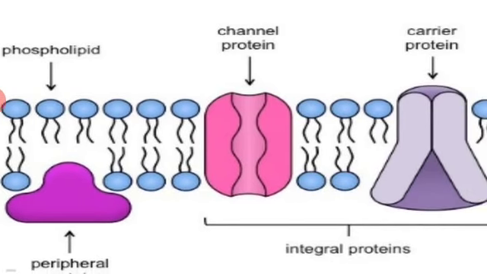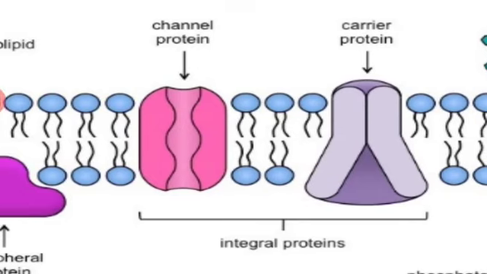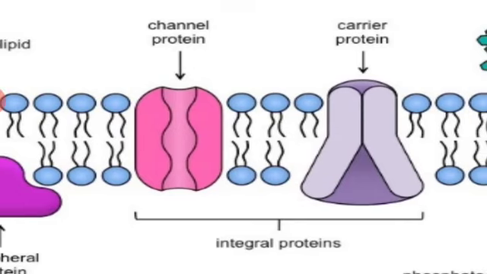If we move on, we see two other types of proteins, the channel protein and the carrier protein. These two span the plasma membrane. They move from one side of the plasma membrane to the other side. They are referred to as integral proteins.